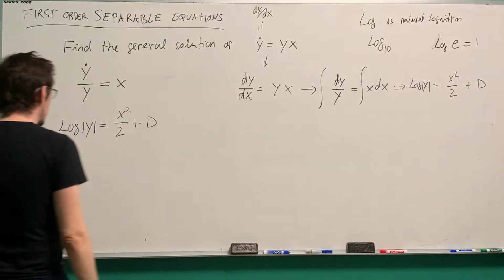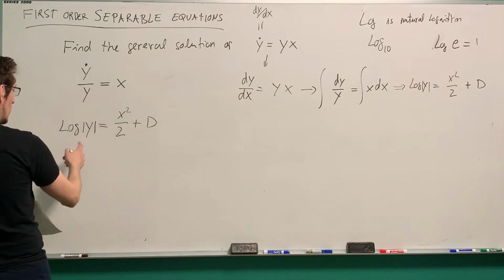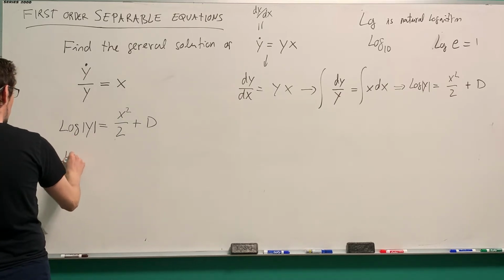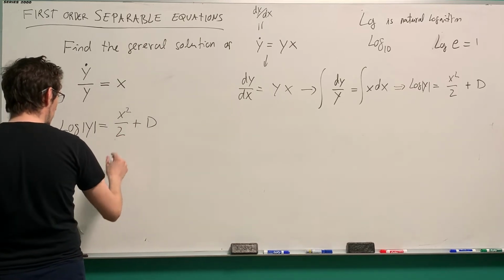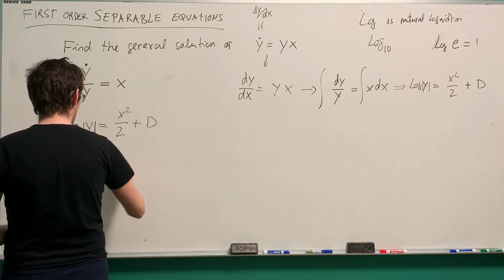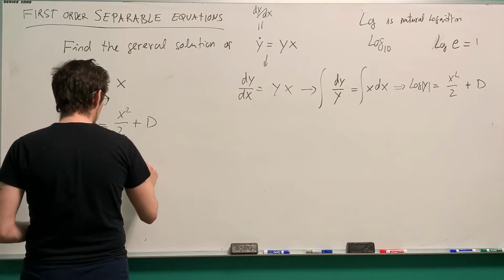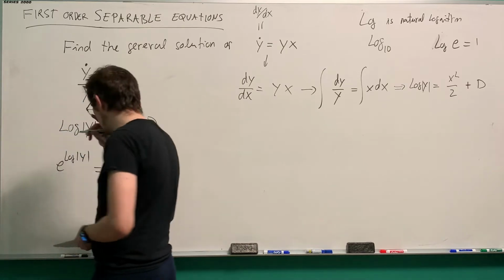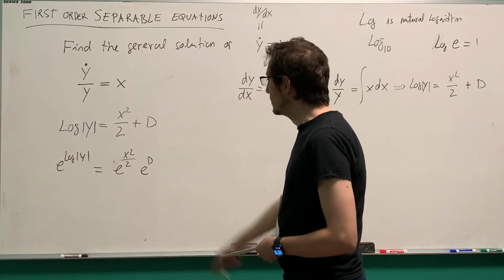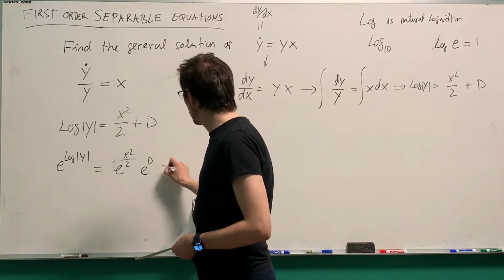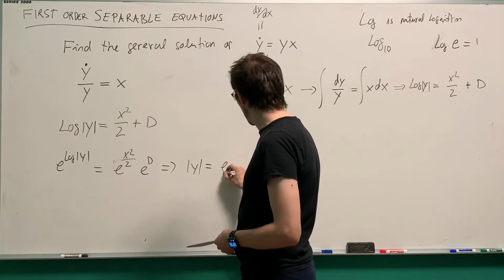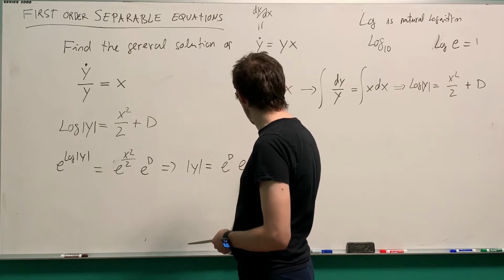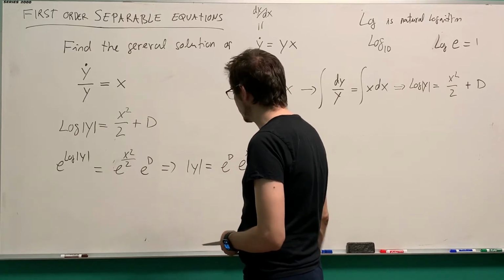All right, I take exponentials to undo the log. So I take the exponential of log modulus y. It's equal to the exponential of x squared divided by 2 plus d, or e to the d times that. The exponential undoes the log, and I get modulus y equal to e to the d exponential of x squared divided by 2.